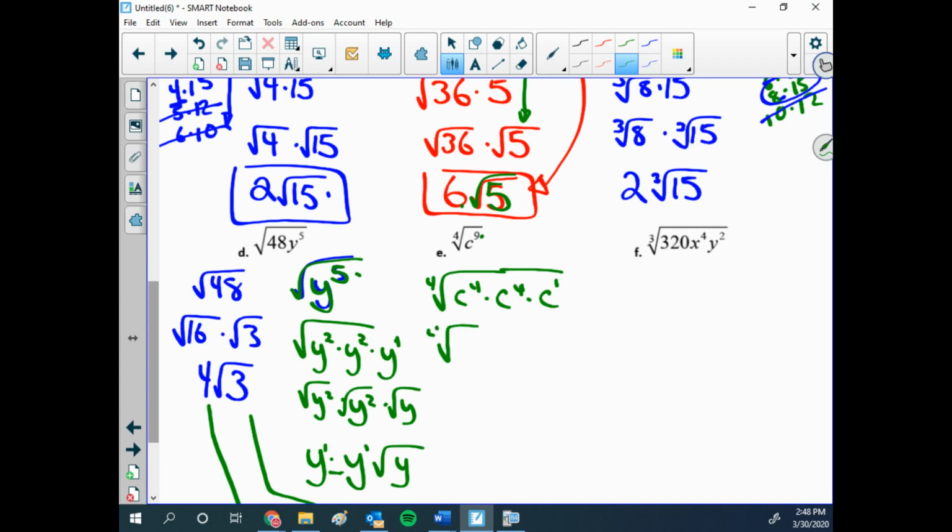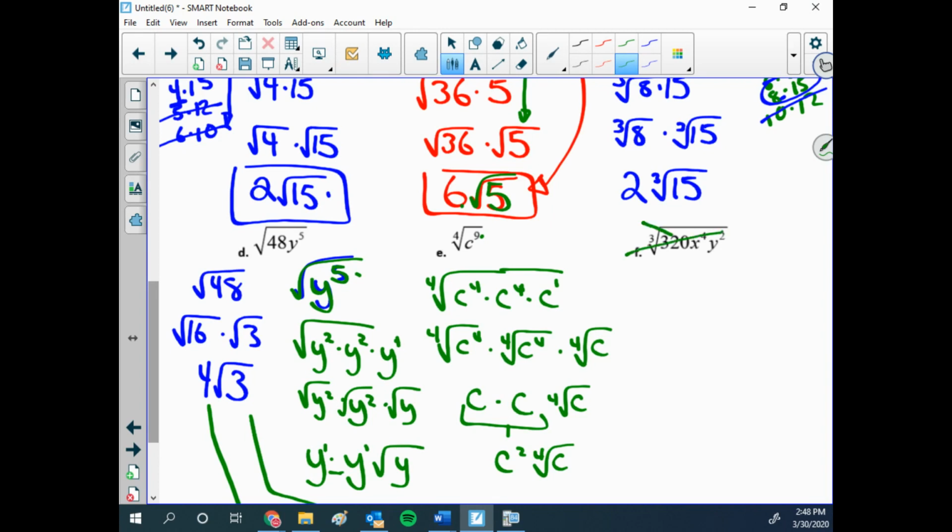And so I could break this up, the fourth root of c to the 4 times the fourth root of c to the 4 times the fourth root of c. Well, the fourth root of c to the 4 is just going to give me c, and the fourth root of c would just stay as that irrational number. So I would combine these using my exponent laws to give me c squared and the fourth root of c.